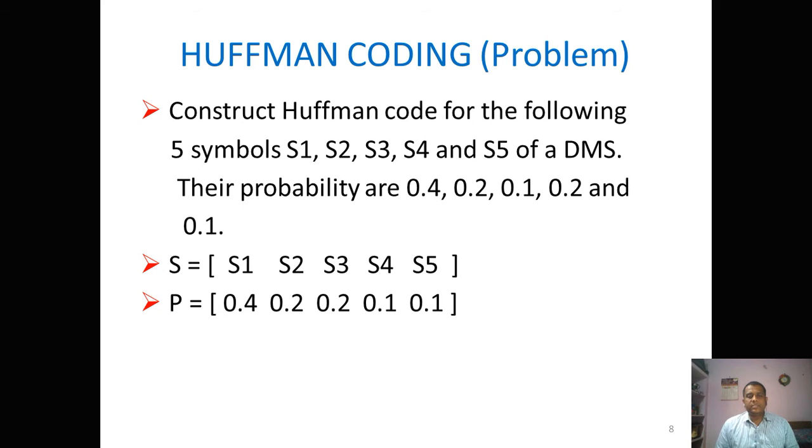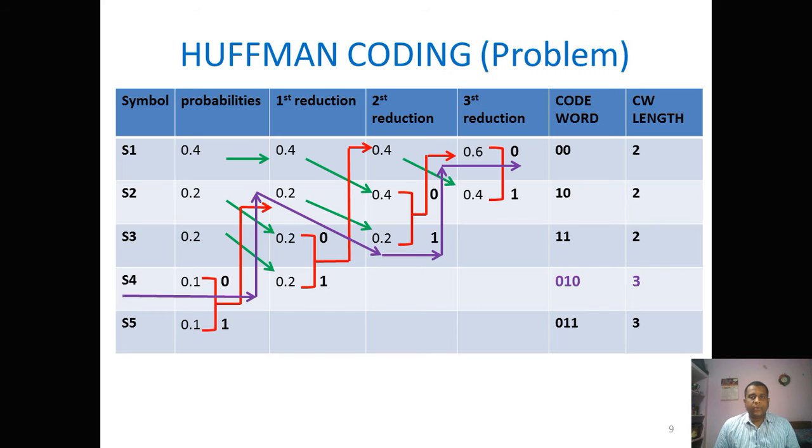These source symbols are rearranged and written in decreasing order as 0.4, 0.2, 0.2, 0.1 and 0.1. Once these source symbols are written, the next stage will form the coding table.